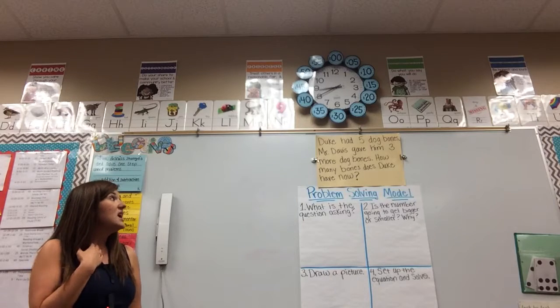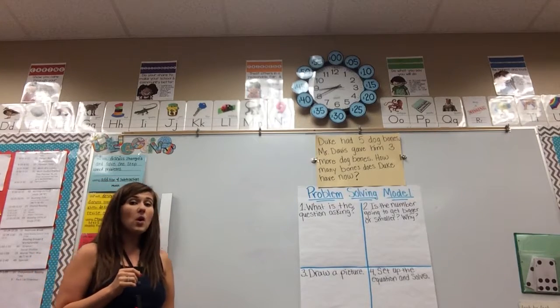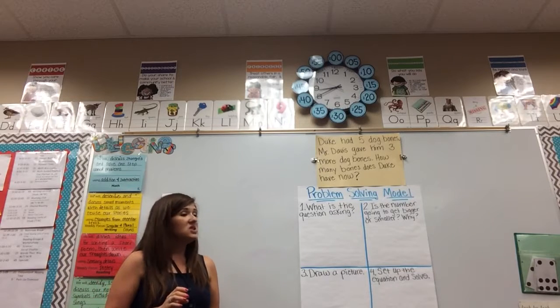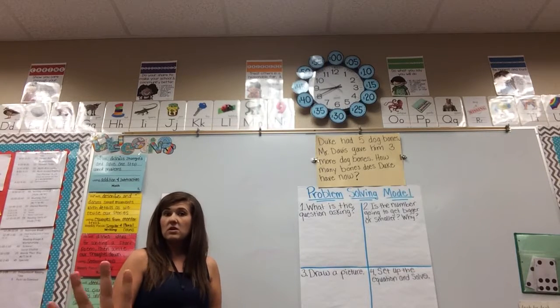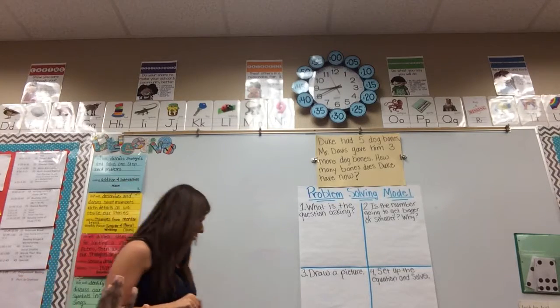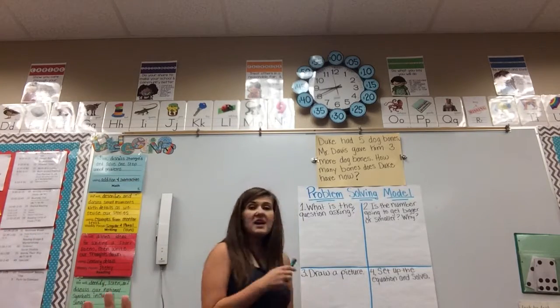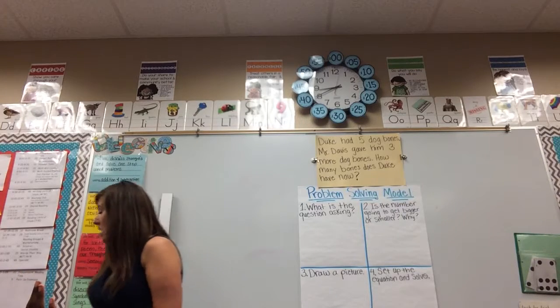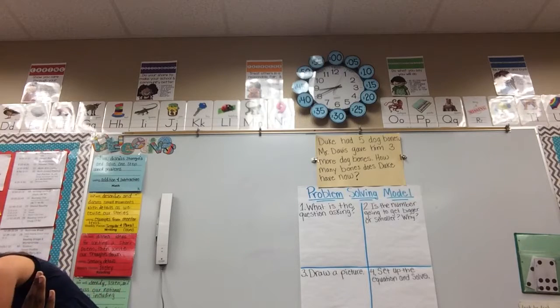Mr. Davis gave him 3 more dog bones. How many dog bones does Duke have now? So first thing I thought is, man, Duke has a lot of dog bones, huh? So I can use my problem-solving model to help me know how to solve this problem.